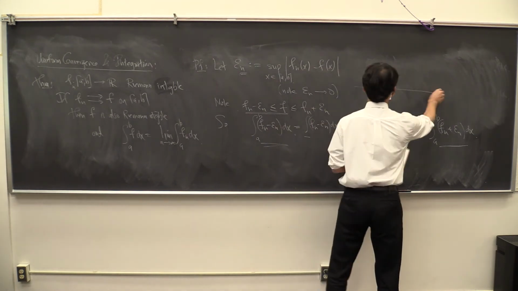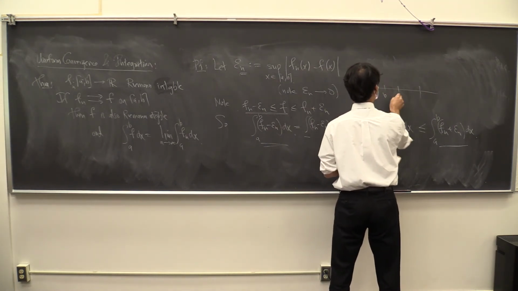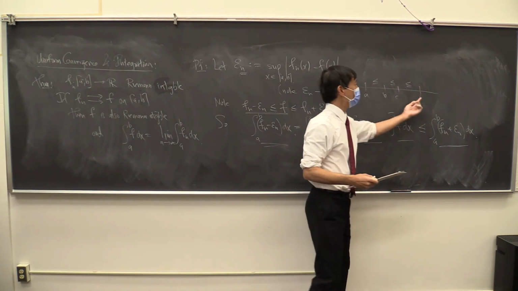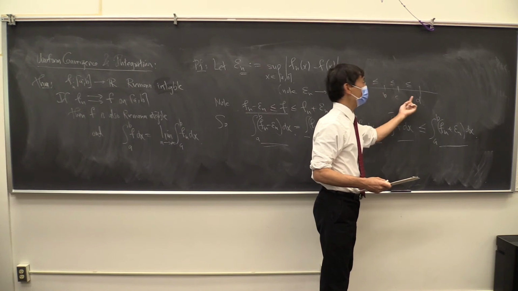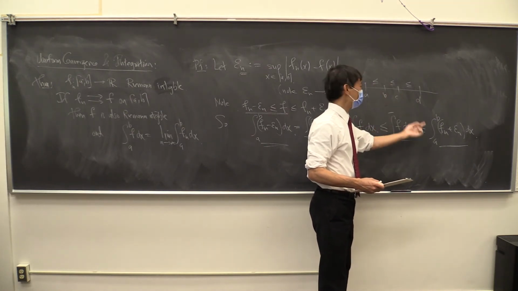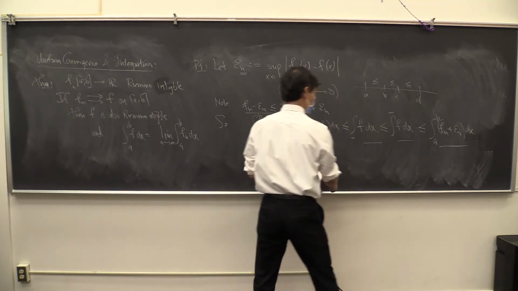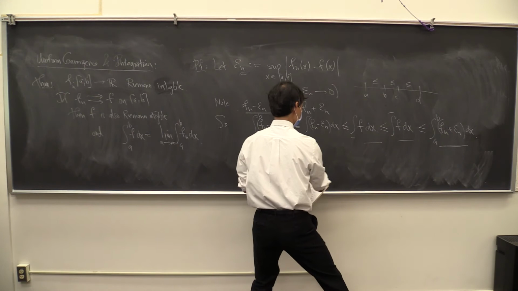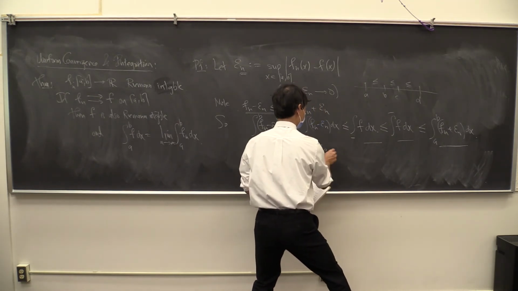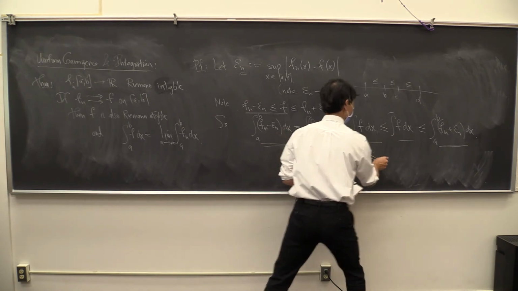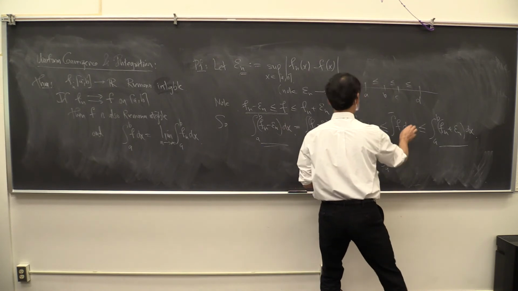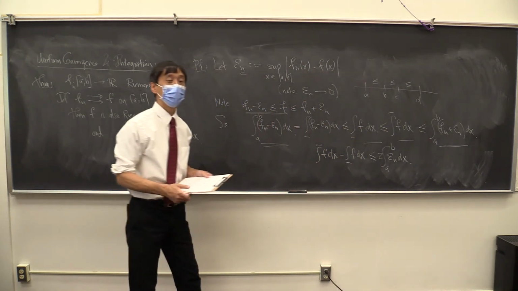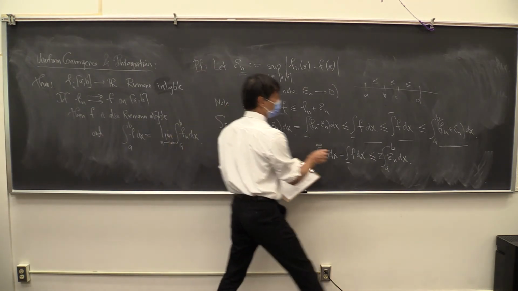If I've got some numbers A, B, C, and D, and they are increasing, then certainly the difference between D and A is bigger than the difference between C and B. D minus A is bigger than C minus B. So I get that the bigger guy minus the smaller guy is less than the bigger guy minus the smaller guy, but that is 2 epsilon sub n dx, because these things cancel out.